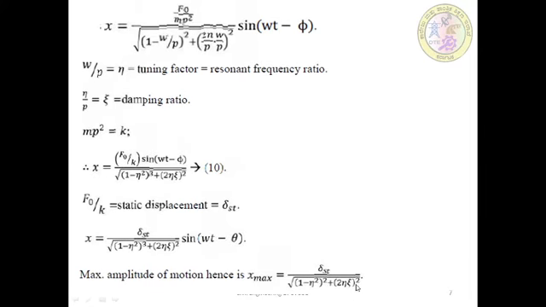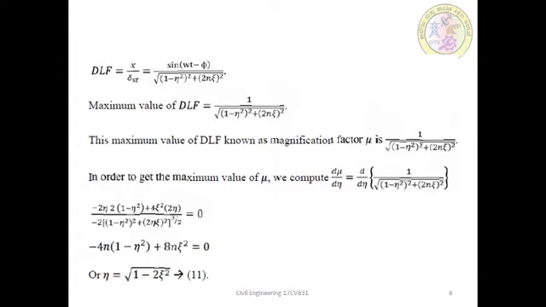Then after this, you will have one ratio, that is the DLF, called the magnification factor. The magnification factor is nothing but the ratio of the dynamic displacement to the static displacement. The maximum DLF will occur when the sine function is equal to 1, that is when omega t minus phi is equal to 1, so the maximum displacement takes place.